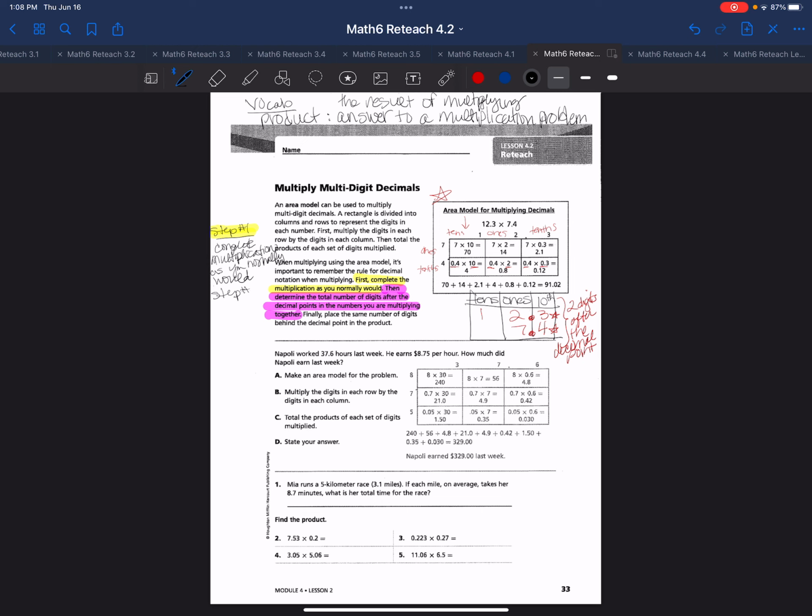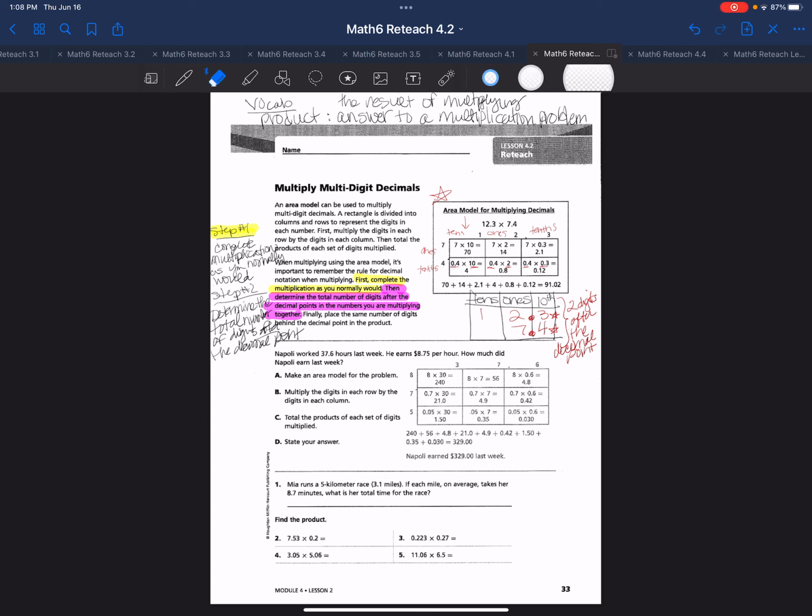So step 2. Determine the total number of digits after the decimal point.